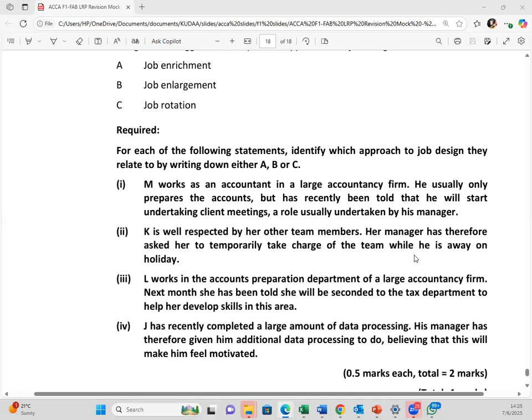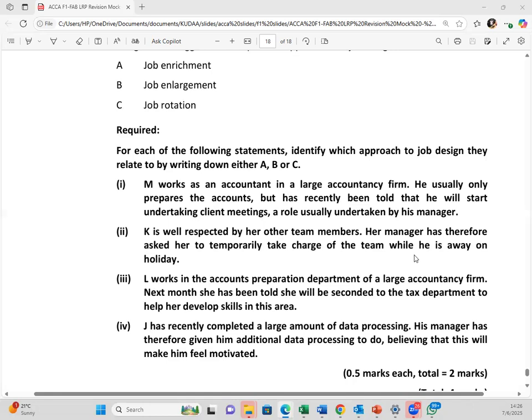In this case, they are working in the accounting department. This one could be some form of rotation because they've been in the accounting department. They're not adding, but they are being taken to the tax department. This one is a tricky one because the answers look similar.